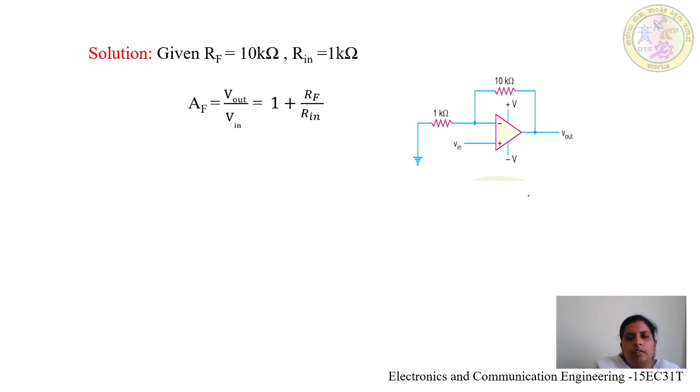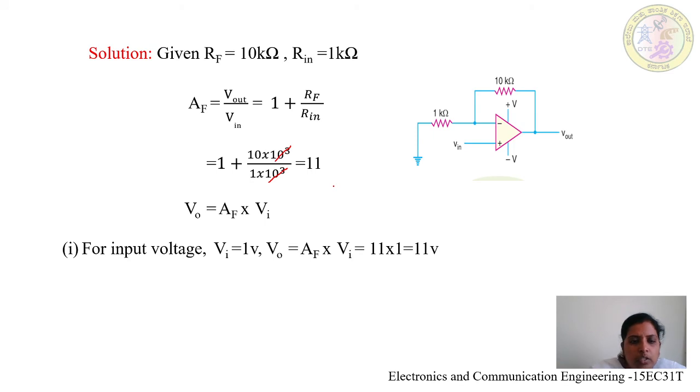RF is 10 into 10 to the power of 3, and Rin is 1 into 10 to the power of 3. This gets cancelled. What you will have is 1 plus 10, that is 11. Gain is 11.